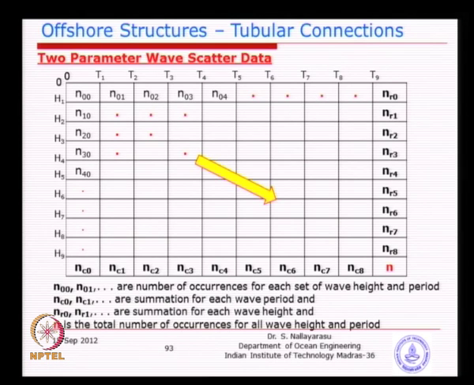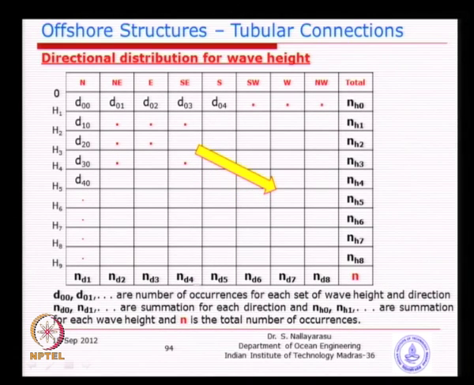The reason why I wanted to show this is that the next important information is the directions with respect to wave height. Sometimes you get this information from the measured data. You have 3 parameters, 2 parameters are already linked. The third parameter, which is wave height with the direction, is linked again by the number of occurrences. That means, when you have a time history measured, you can get this information from the measured data.